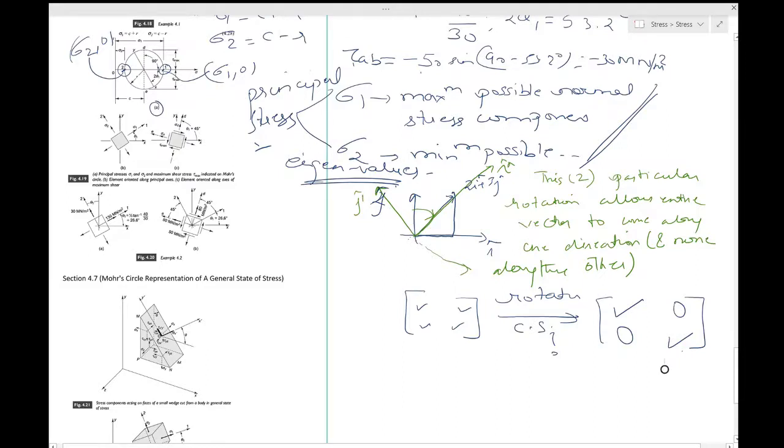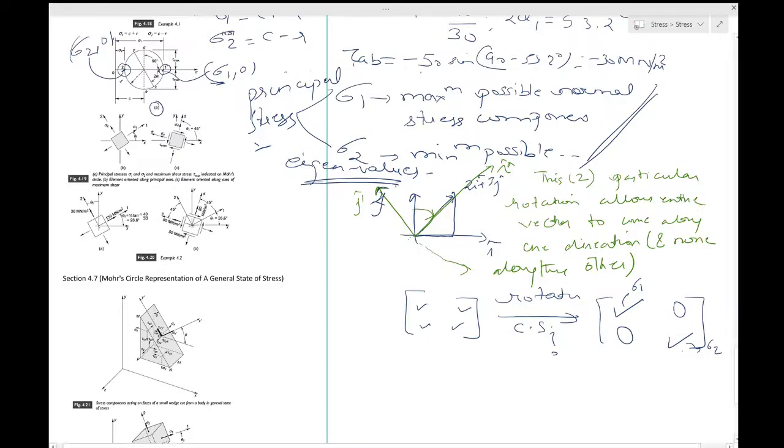This is what we are questioning over here, and those two values will be equal to sigma 1 and sigma 2. The entire stress components have been distributed along only these two directions, and on the shear direction there is nothing, 0. That's why tau xy is 0.